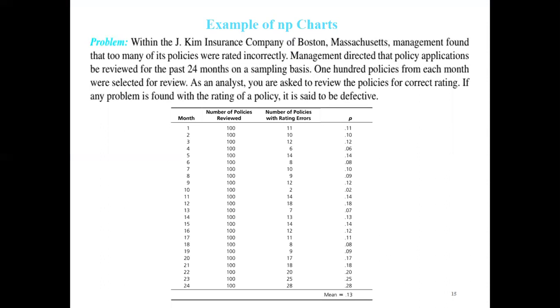So let's discuss another problem for NP chart. The statement of the example is: within the J. Kim Insurance Company of Boston, Massachusetts, management found that too many of its policies were rated incorrectly.